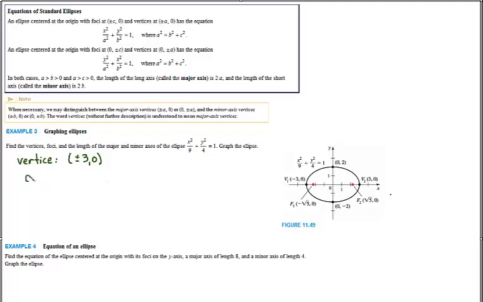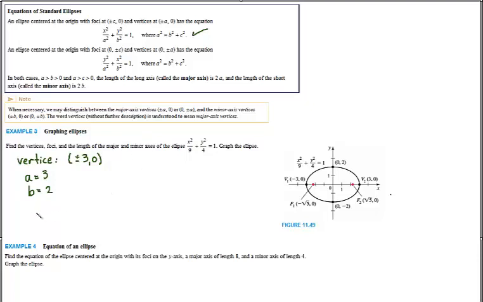A is just your largest number, so A in this case is 3, and B is then 2. So note that I have this case here for this first one, and that means I've got to find C so that I can get the focus. Oh, they want the, so let's go ahead and get the focus.